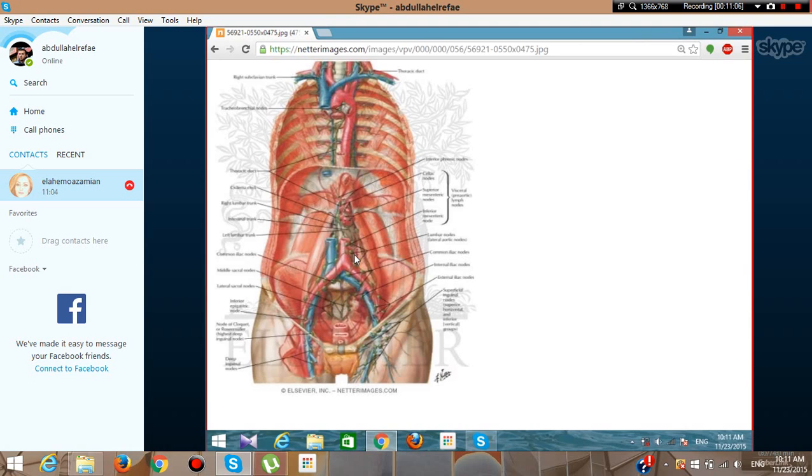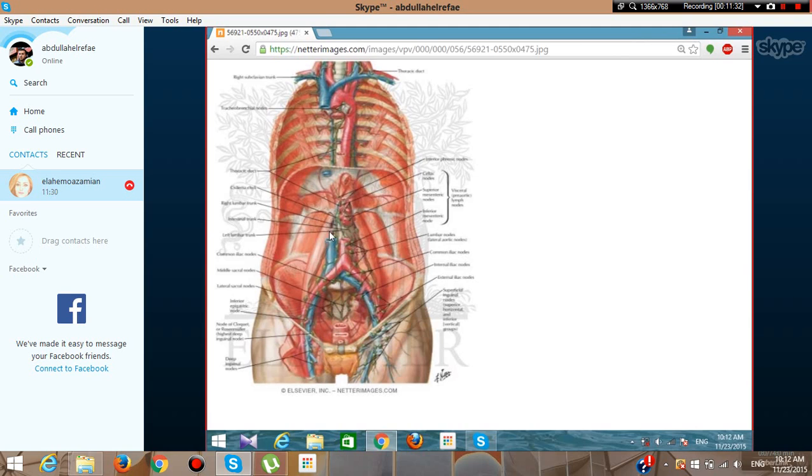Then from these lumbar nodes, everything from posterior wall of the abdomen, from kidney, ureter, testes, so it means the parietal part of your body, and also paired visceral organs drain into lumbar nodes, and you have both on right and left sides.